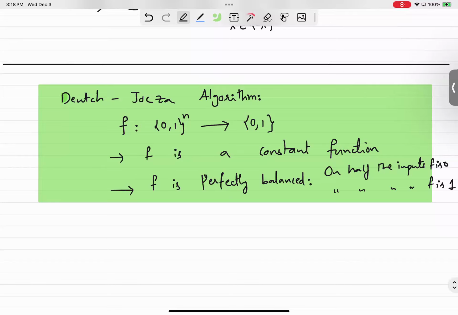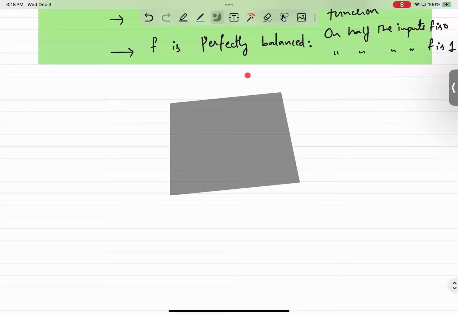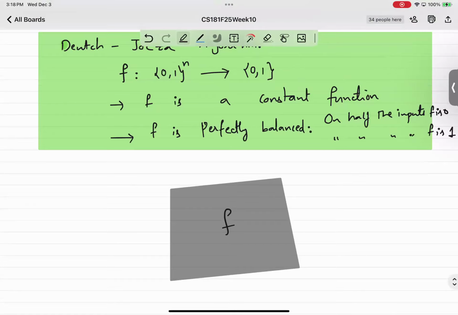So imagine that somebody gives you black box access to this function. The function is sitting in the sky. It is in one of these two cases. It is either a completely constant function or it is perfectly balanced. On half the inputs it is 0, on half the inputs it is 1.